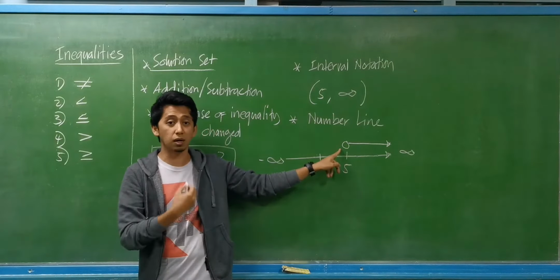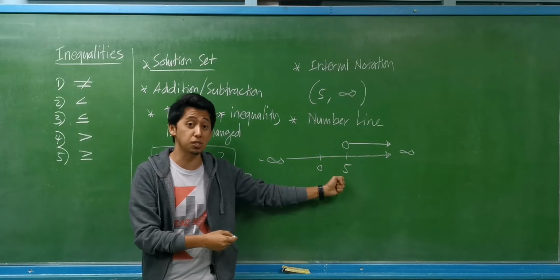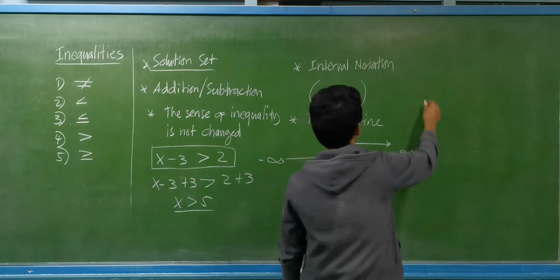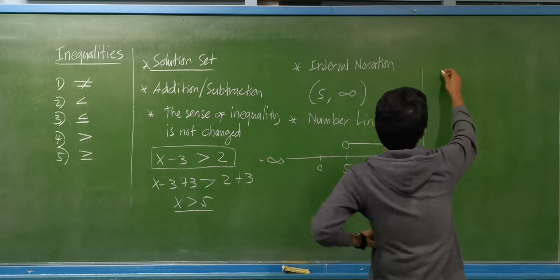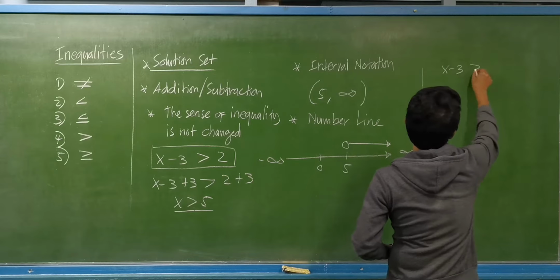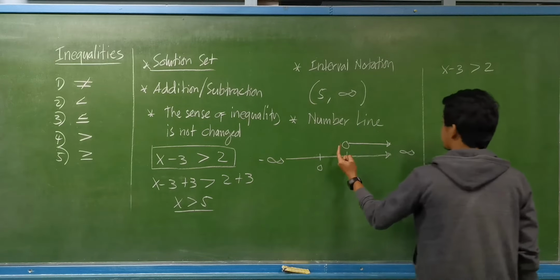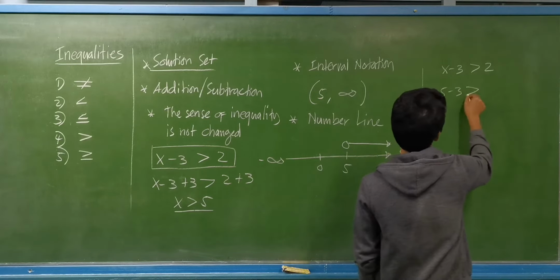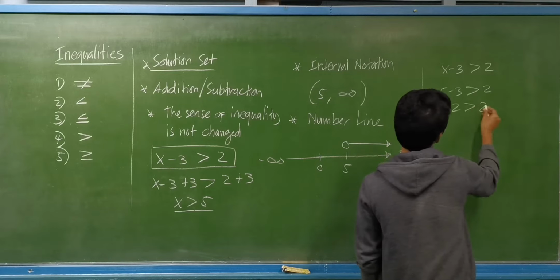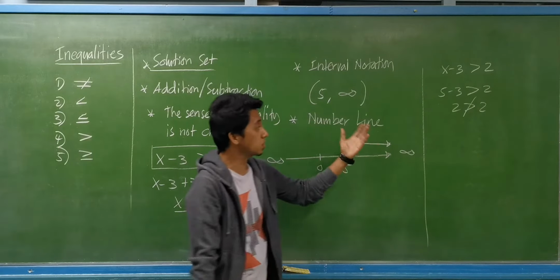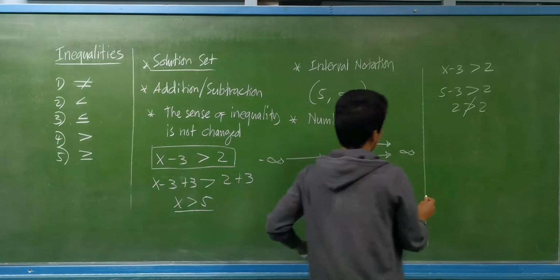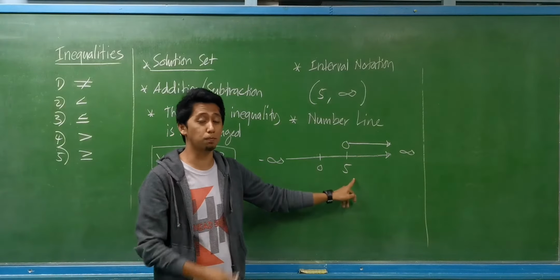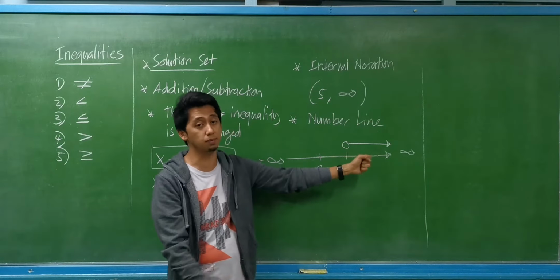An open circle means 5 is not included in the solution set. Checking x minus 3 greater than 2: 5 minus 3 is 2, and 2 greater than 2 is not true, so 5 is not included. We use any value greater than 5, like 5.1, 5.2, up to positive infinity.